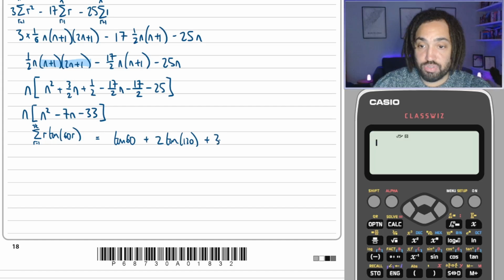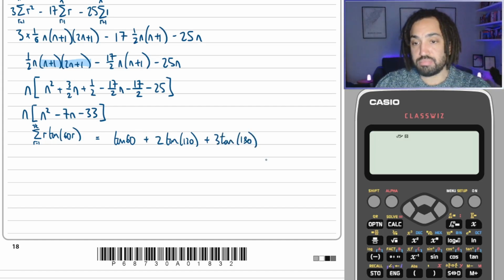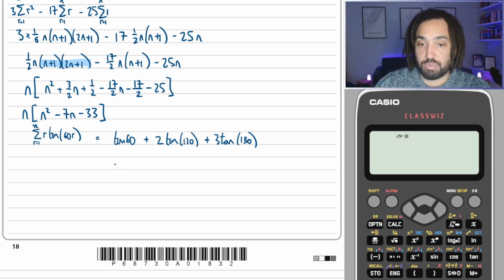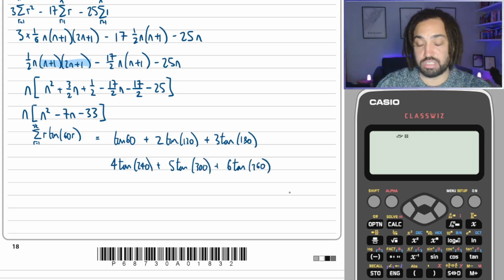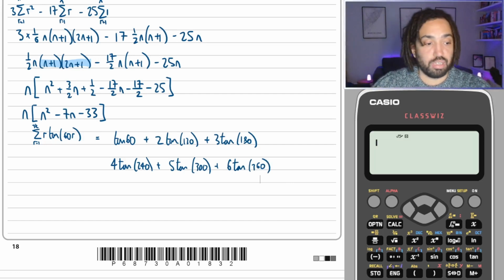And then we're going to get 3 lots of tan of 180. And then after that, we're going to get 4 lots of tan of 240, 5 lots of tan of 300, and then 6 lots of tan of 360.